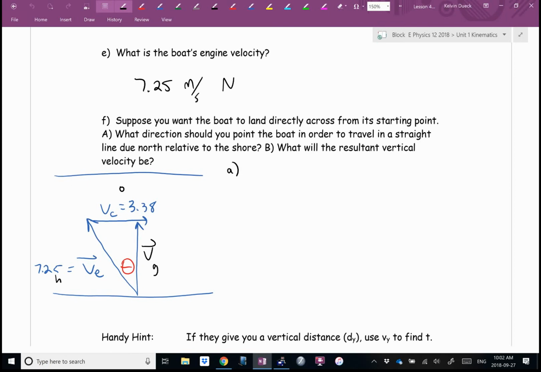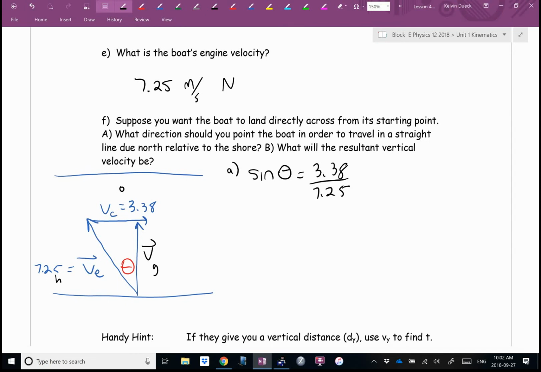So, theta: sine equals opposite over hypotenuse. Isn't that opposite? Oh, sorry, I'm using the two from the... sorry. And this one. Yeah, I was using the VE and VG. Don't know VG yet.